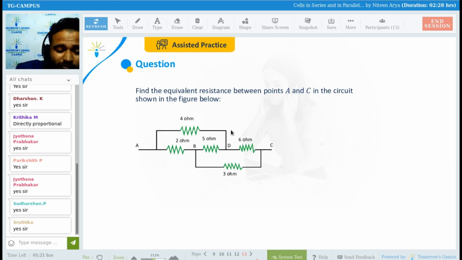You just need to convert this into a Wheatstone bridge balance condition, and believe me, this is a balance condition. And then you need to find the total resistance.